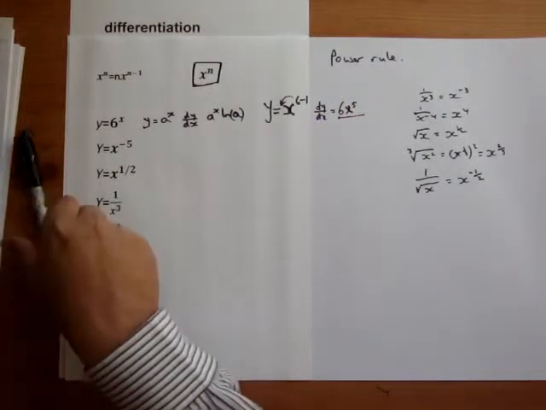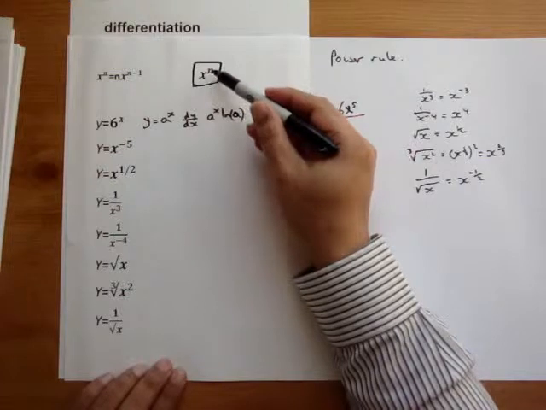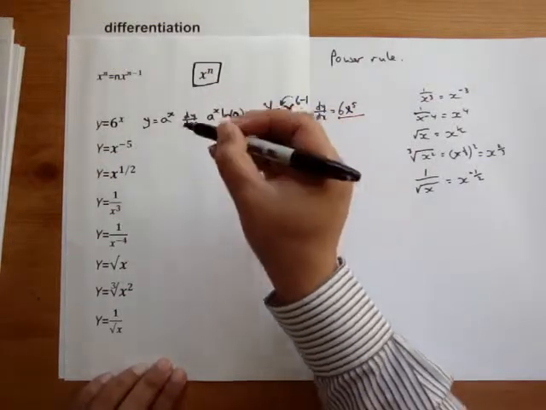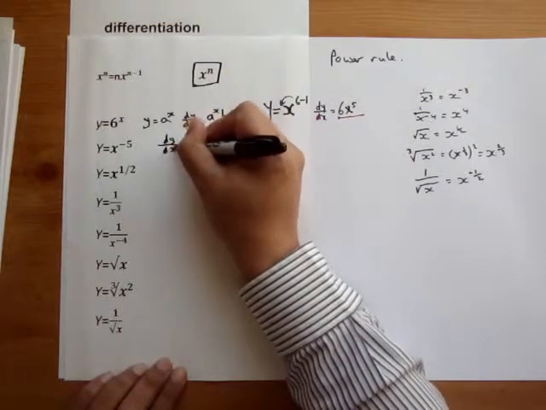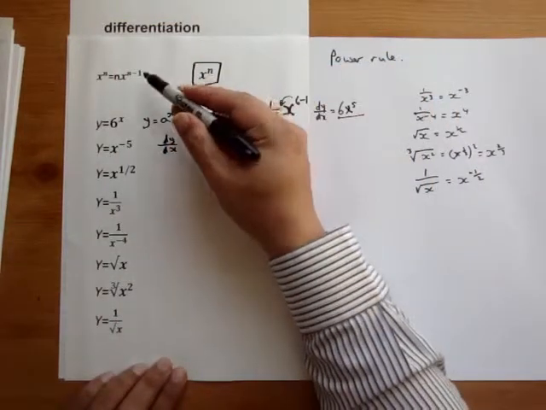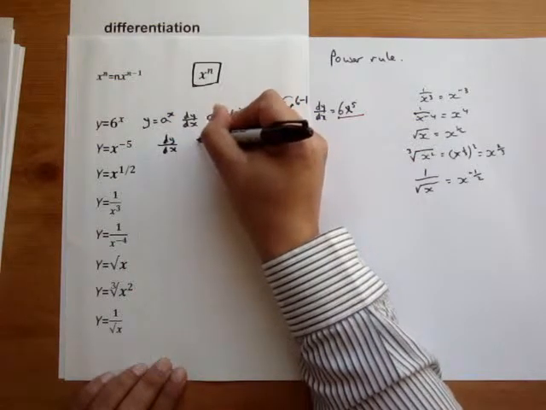X to the minus 5, we can check, is it in this form, x to a power? Yes it is. Dy by dx. Let's apply the power rule. Bring the minus 5 down.